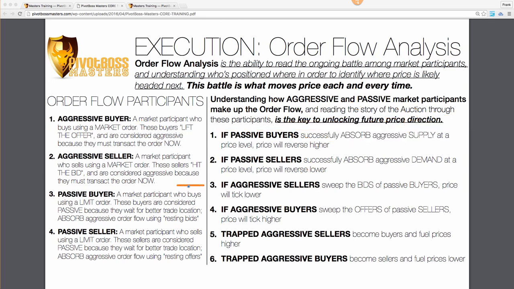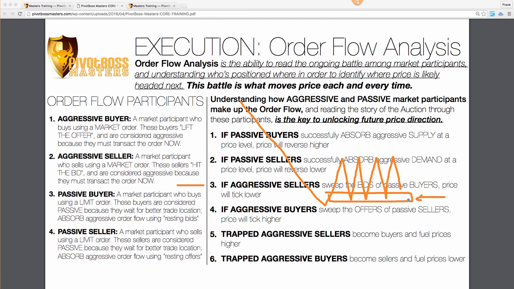Number 3 right here is if aggressive sellers sweep the bids of passive buyers, price will tick lower. This is what happened before when I said passive participants can get their stops run. You see it often when price drops here after a big drop and then bounces and starts to form one of these things right here. Passive buyers are defending over and over at these support levels.